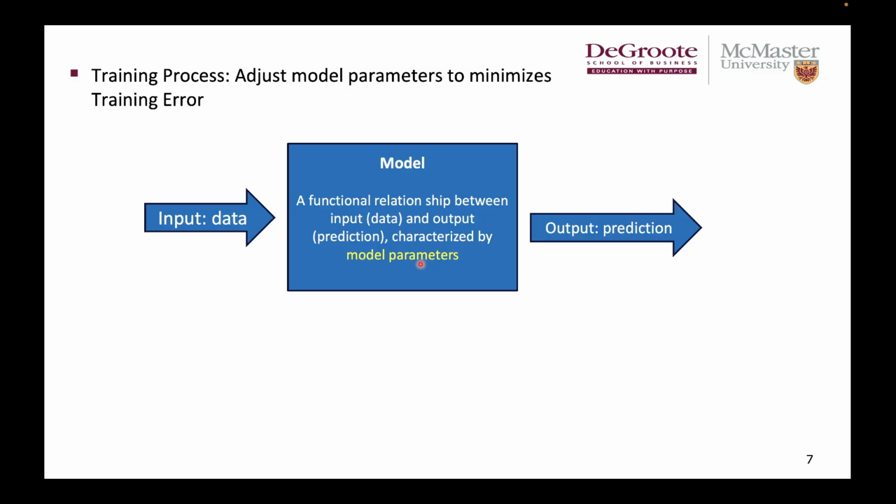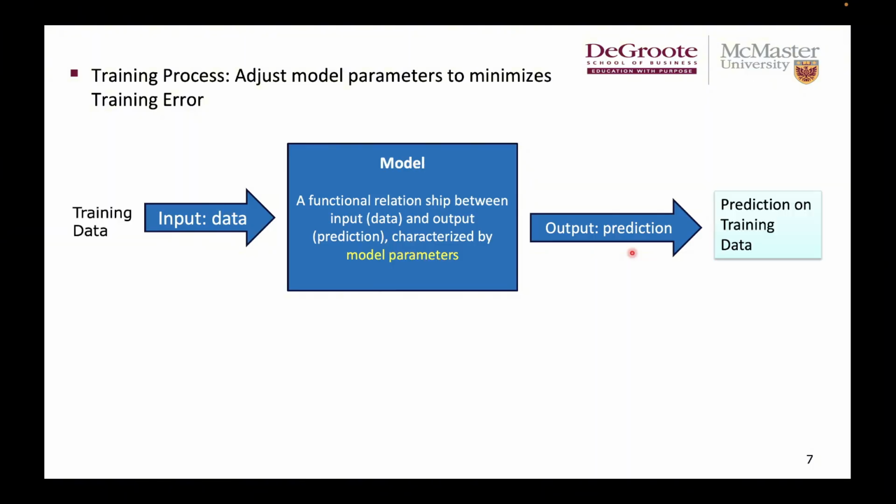Inputs will be data, let's say some patient record, and then based on the features of that patient, you will generate the output, which is predictions. And in the current case, is it going to be a no-show? That's our prediction. So the model is characterized by model parameters, and it maps inputs into outputs.